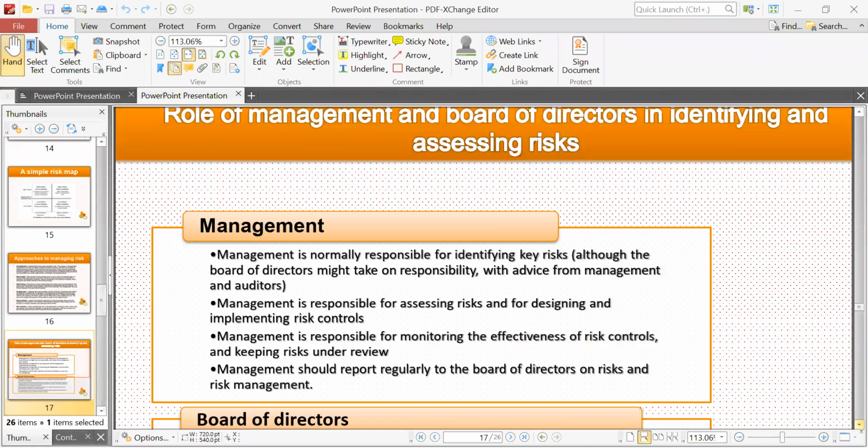Now, what is the role of management and board of directors in identifying risk? What is their role? We need to know that management is normally responsible for identifying key risk.